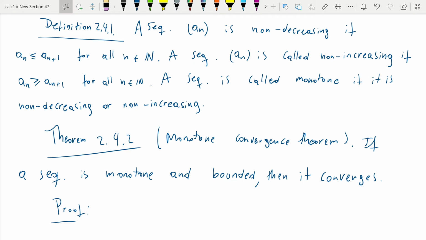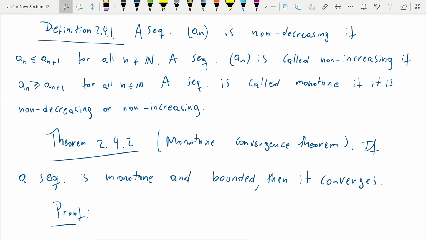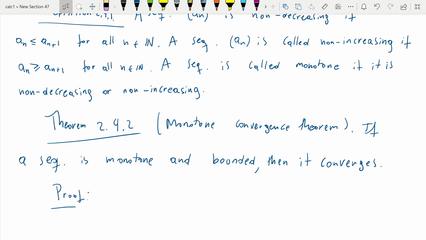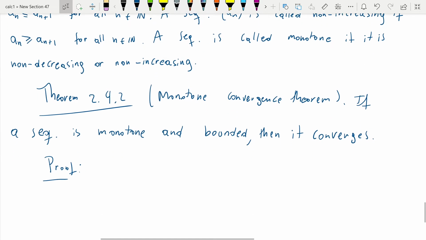So a1 is less than or equal to a2, a2 is less than or equal to a3. So if the sequence is bounded from above, then it's actually bounded and you don't need to check anything else. So for non-decreasing sequences, you just need to check that the sequence is bounded from above, and for non-increasing sequences, you just need to show that it's bounded from below to apply this theorem.